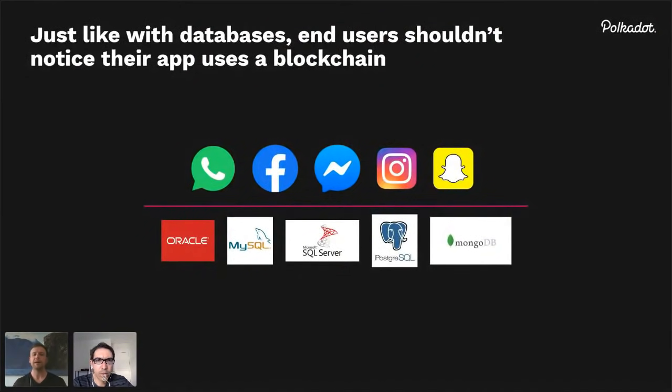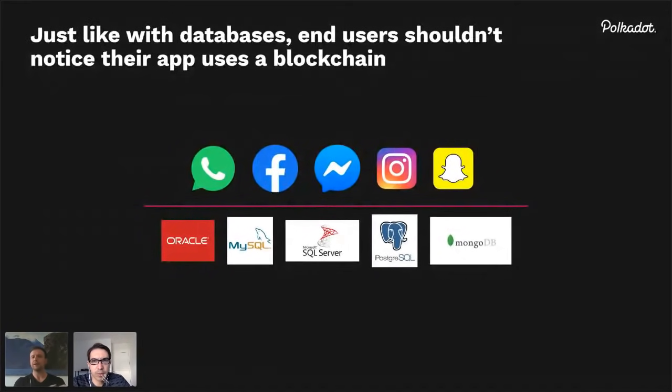But one thing to keep in mind is that when we are successful as a blockchain industry, just like with very successful databases, end users shouldn't even notice that their app uses a blockchain. So on this slide, the icons on the top are the top 5 most downloaded and used applications in the world. On the bottom are the top 5 most used databases in the world.